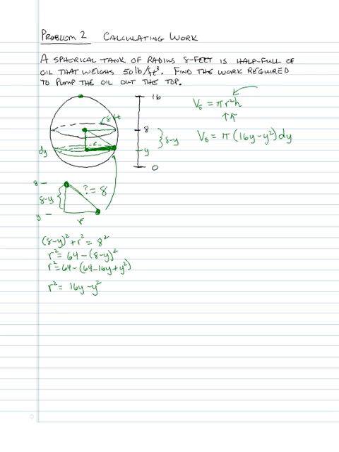So the force required to move that slice is the same as the weight of that slice, which is equal to the volume of the slice times the 50 pounds per cubic foot. And so we find out that the force is equal to 50 times pi times 16y minus y squared dy.